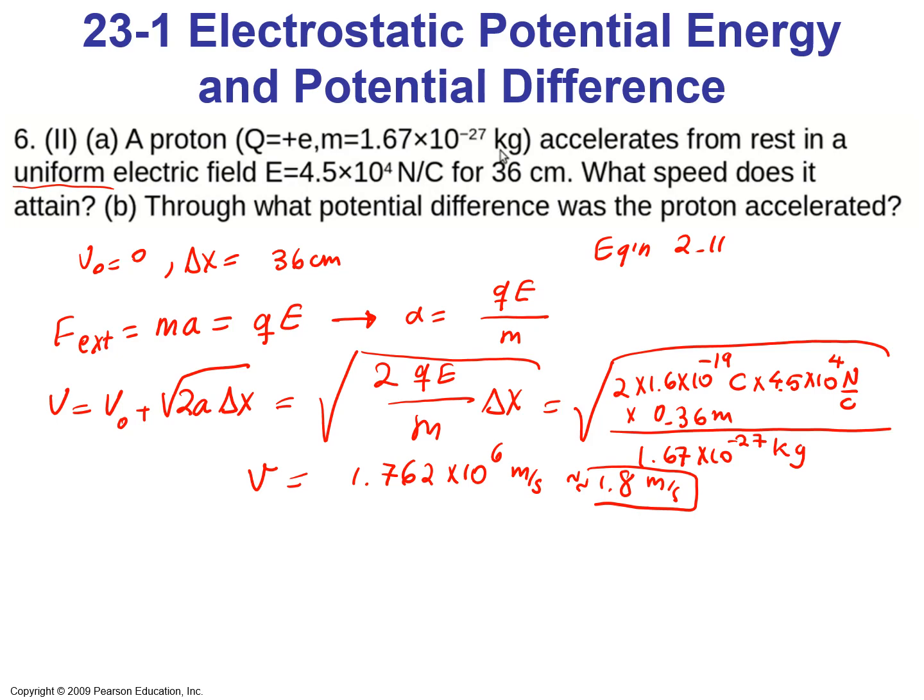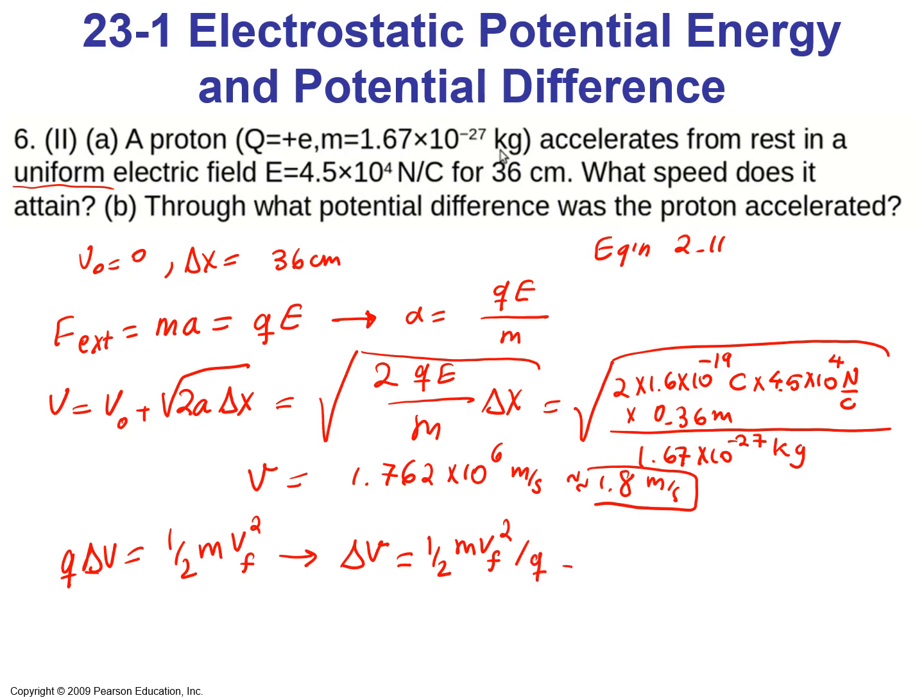So we have Q times delta V as the initial electric potential energy, and it should be equal to 1/2 m v final squared. From here we can solve for delta V, which is 1/2 m v_f squared divided by Q.